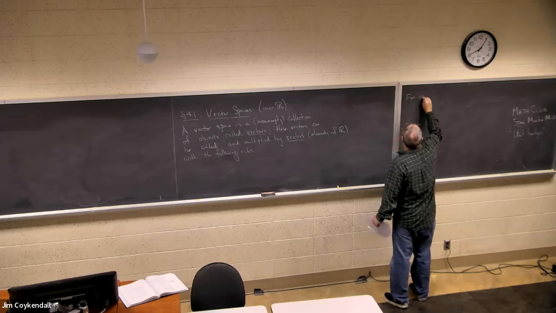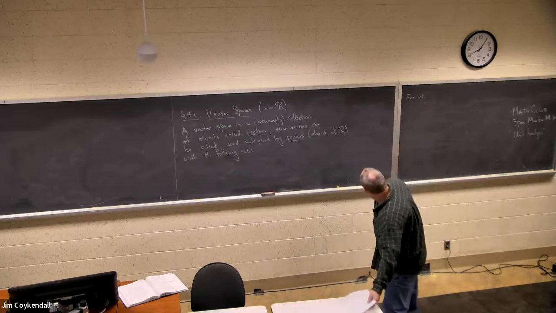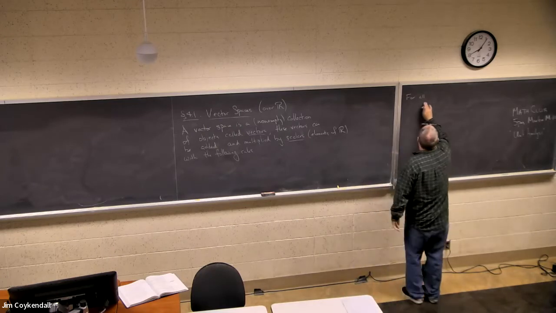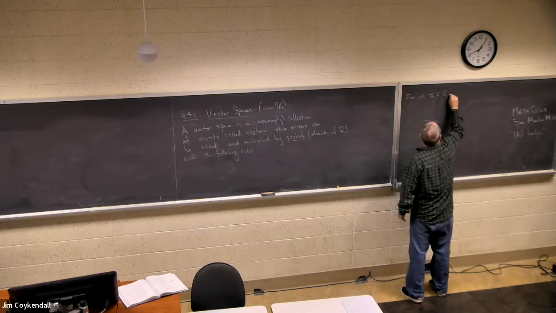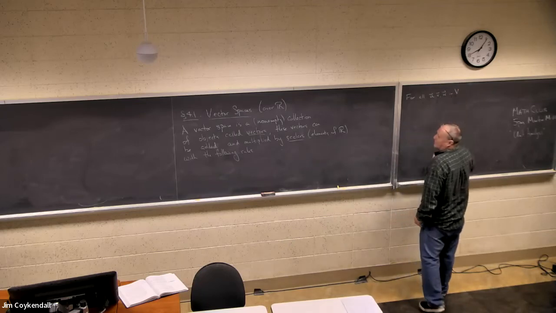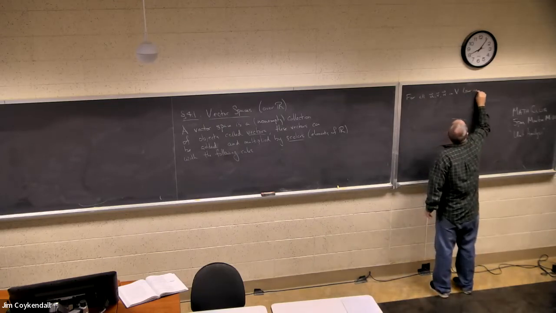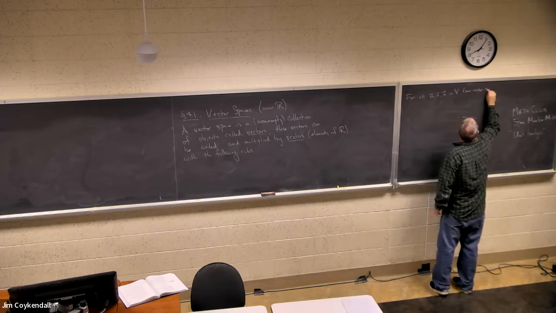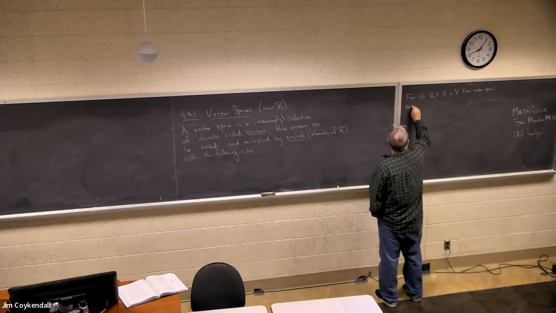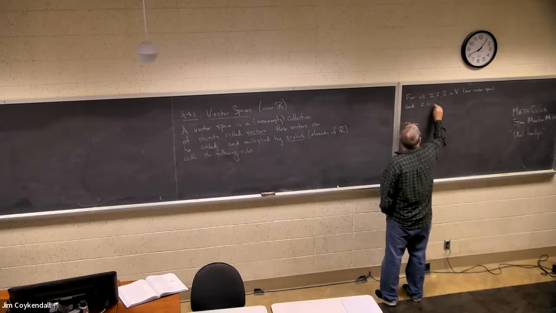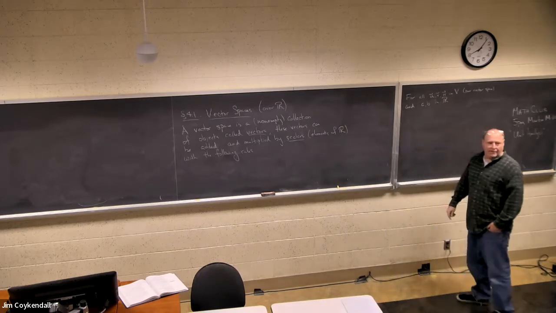For all u, v, w in the vector space, and a, b in the real numbers, we have the following rules.